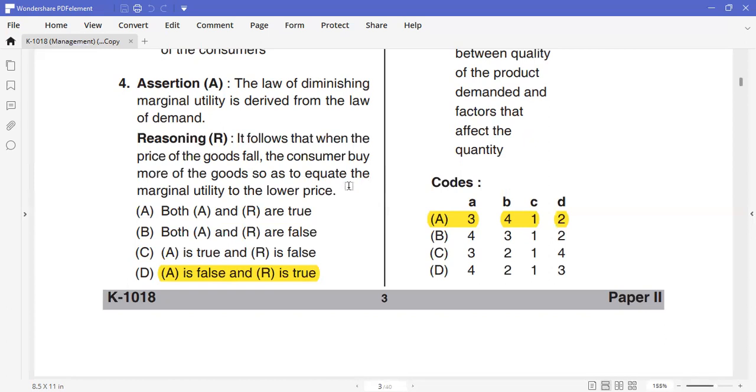So the correct answer: the law of diminishing marginal utility is derived from the law of demand, it is false. But the reasoning that when the price of the goods falls, the consumers buy more of the goods so as to equate the marginal utility to the low price, the reasoning is correct. So the assertion is false, but reasoning is considered to be true.